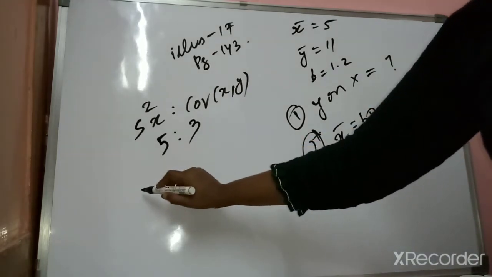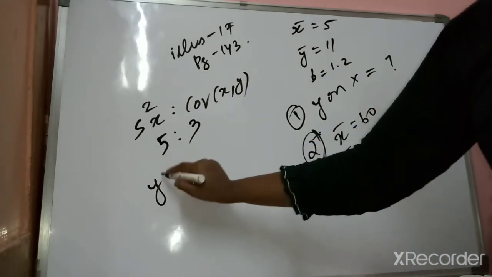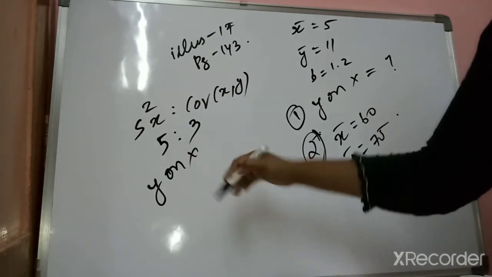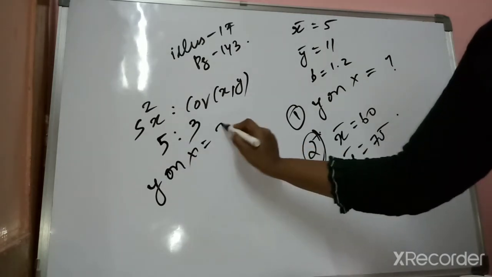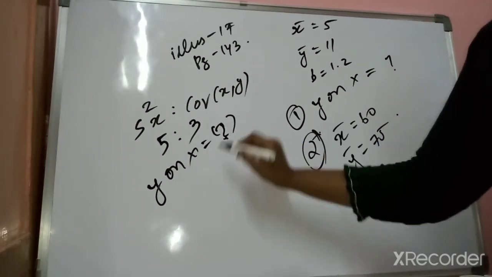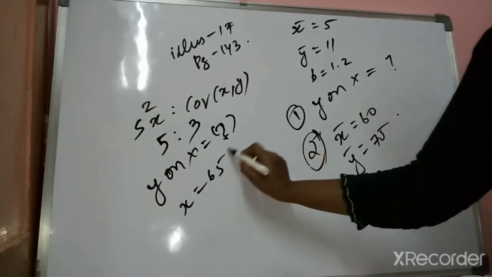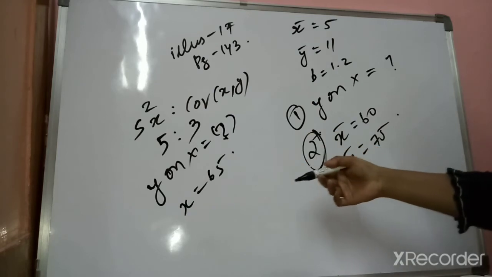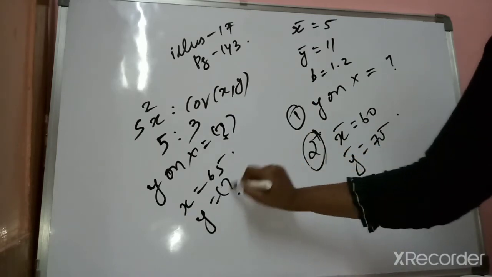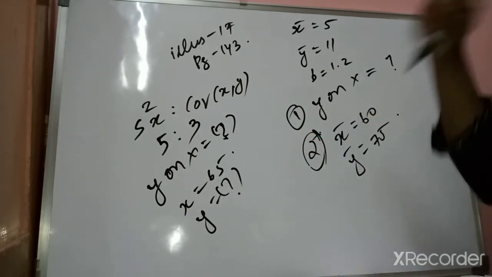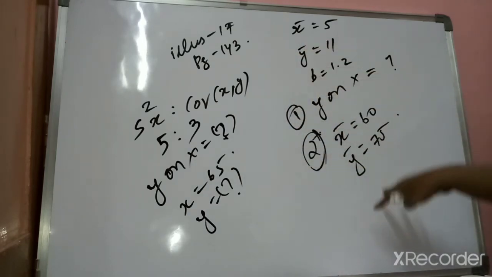Okay, so the first thing you have to find in your second question is y on x, and then you have to find y. Clear? If your x value is given to you, that is 65, then find the value of y. What is the value of y? So these two things you have to find out. I hope the question is clear to you.